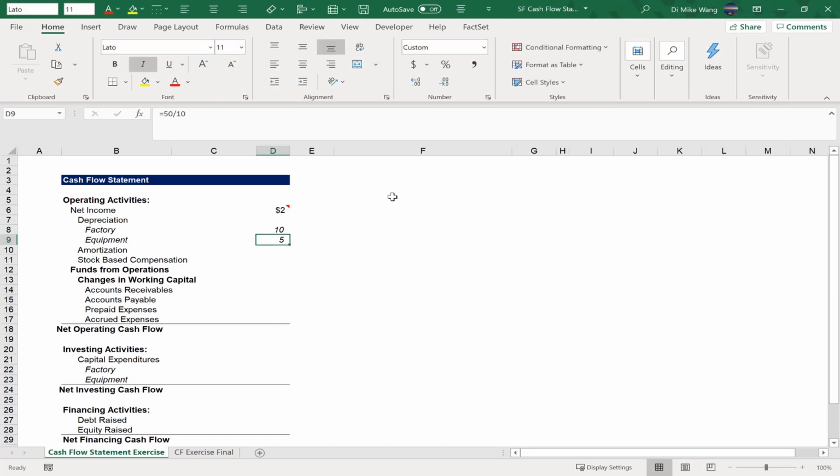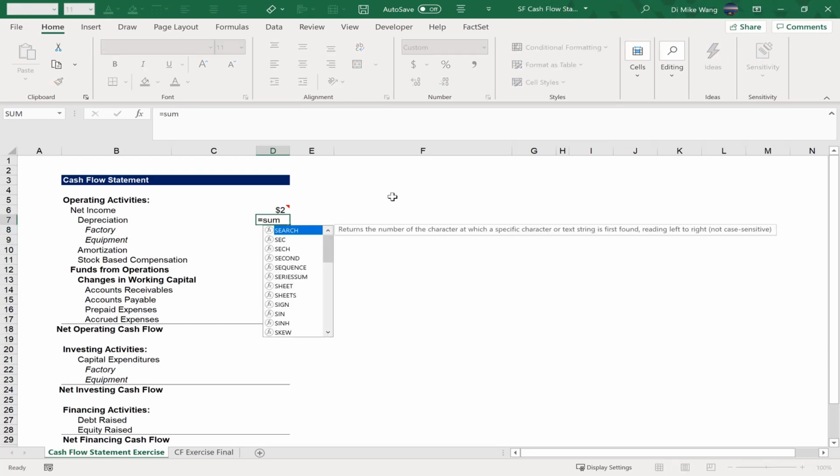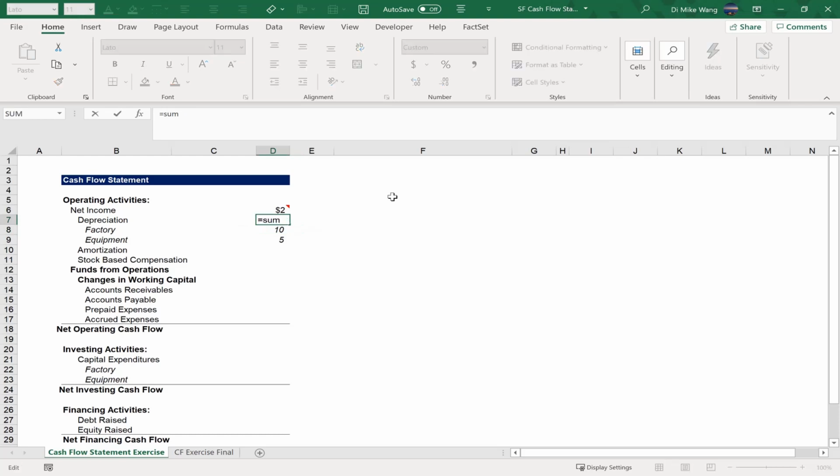These two depreciation numbers add up to, so we'll do sum, add up to 15.